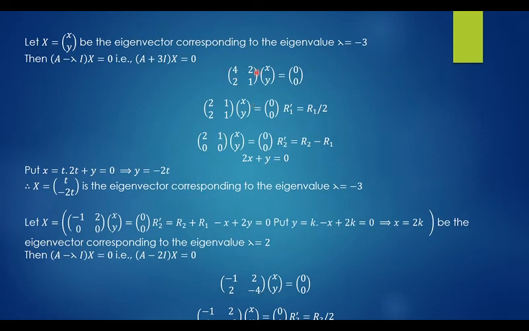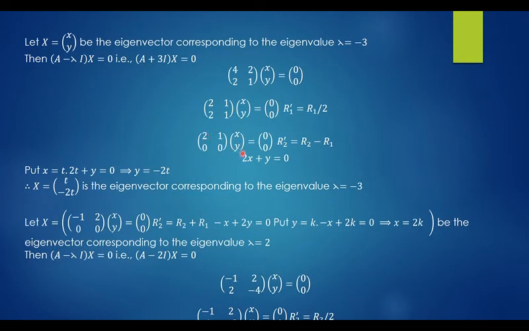Since the two rows are the same, we can apply the row operation R2 minus R1 to get a zero row in the second row.